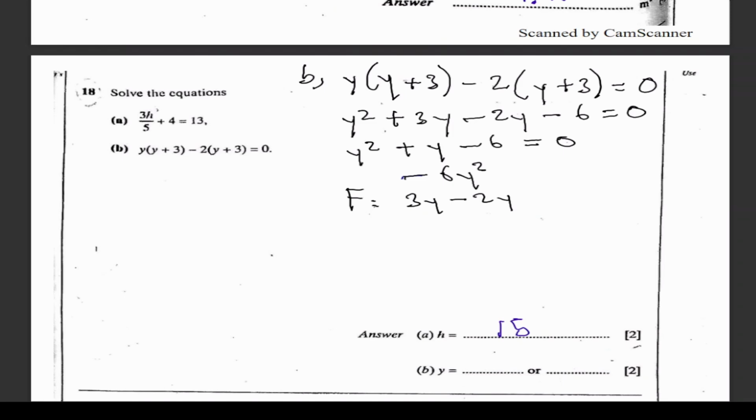Then we rewrite our quadratic equation, replacing the middle term with the factors. So instead of writing y squared plus y minus 6 is equal to 0, we write y squared plus 3y minus 2y minus 6 is equal to 0.